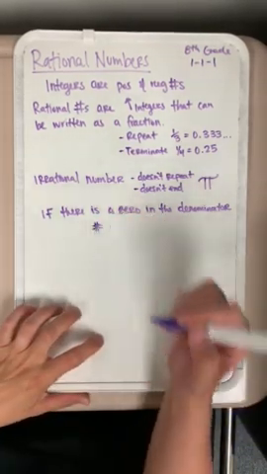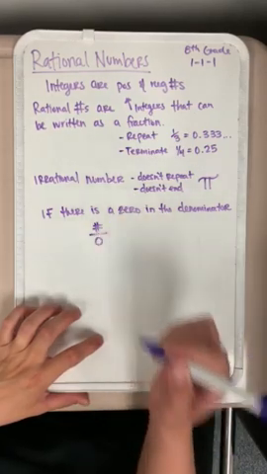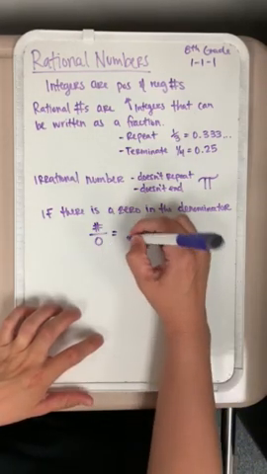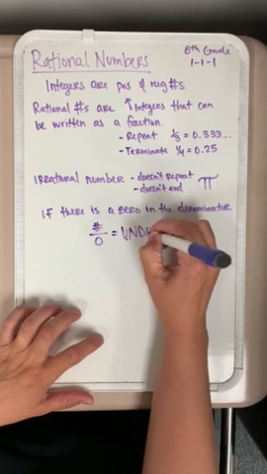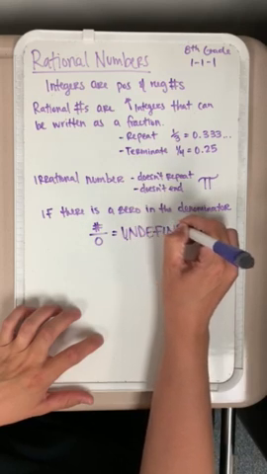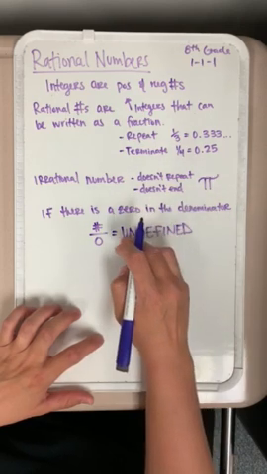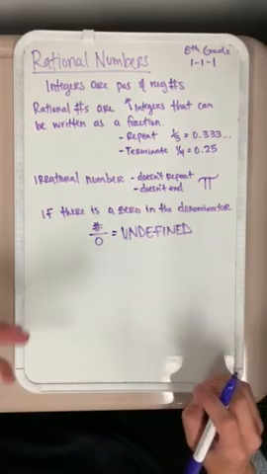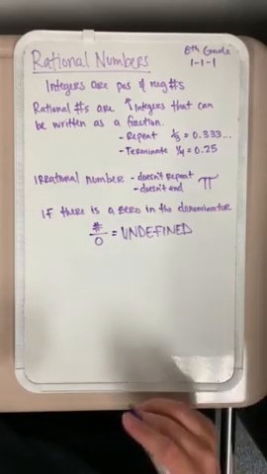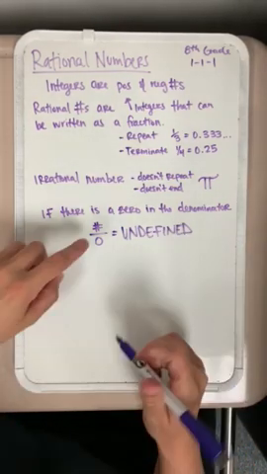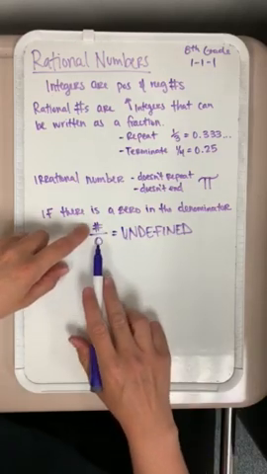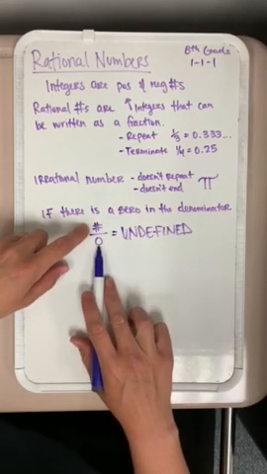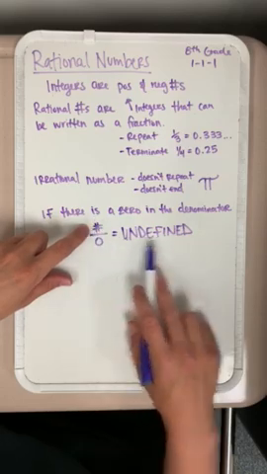Any number on top, it doesn't matter what it is, with a 0 in the bottom, that makes it undefined. Basically, it's like saying, I can't have a number of something and share it with nobody. Somebody has to get it, okay? So that's impossible, that's why it's undefined.